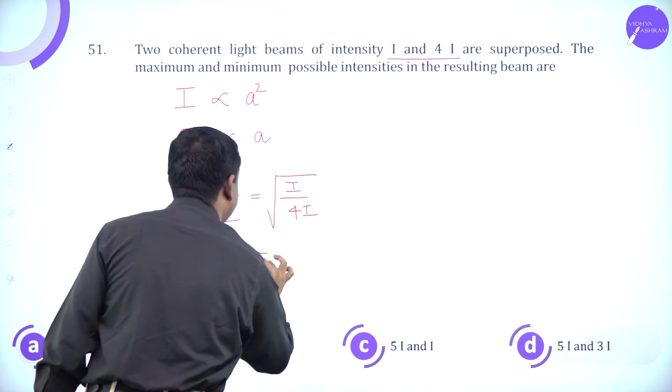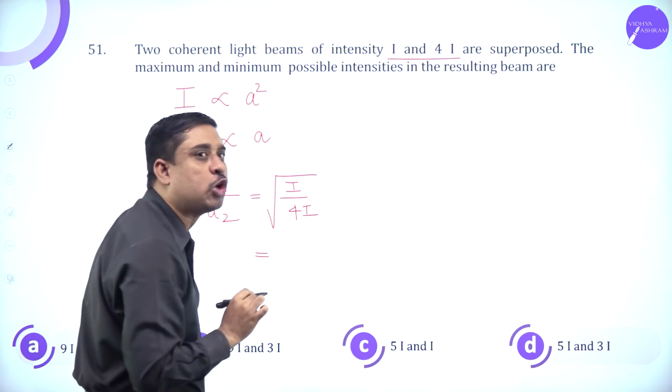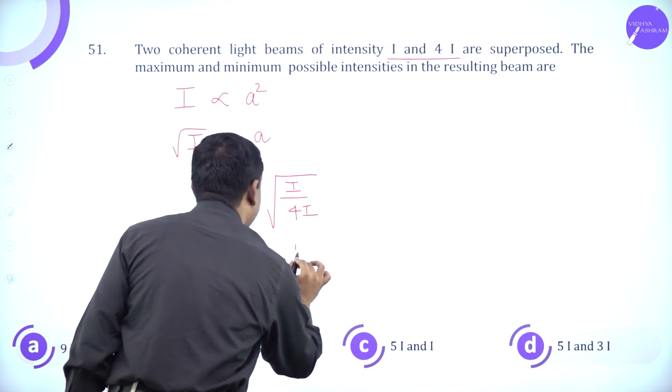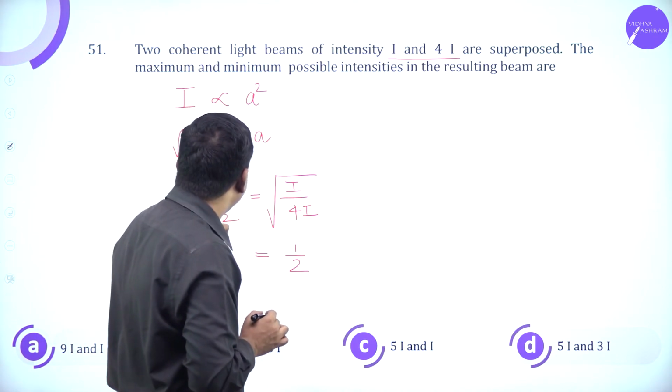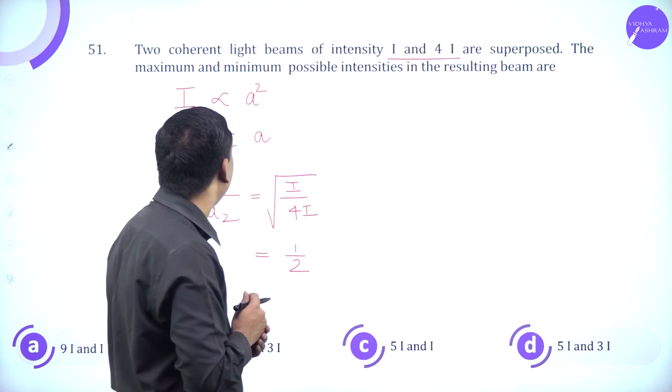So this is equal to root of 1 by 4, which is half. So I have A1 by A2.